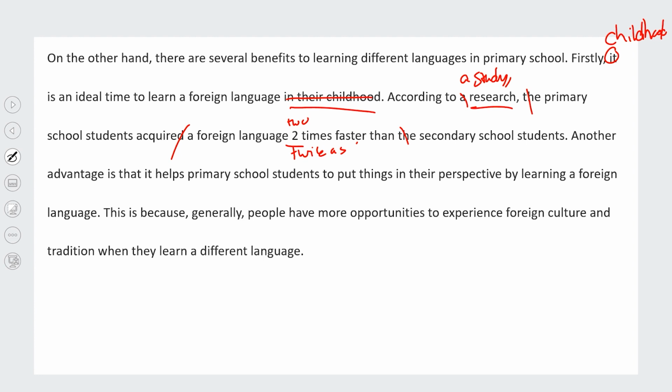Another advantage is that it helps primary school students to put things in perspective by learning a foreign language. This is because generally people have more opportunities to experience foreign culture and tradition when they learn a different language. Okay, again, this is reasonably solid. I don't have too many problems with this.